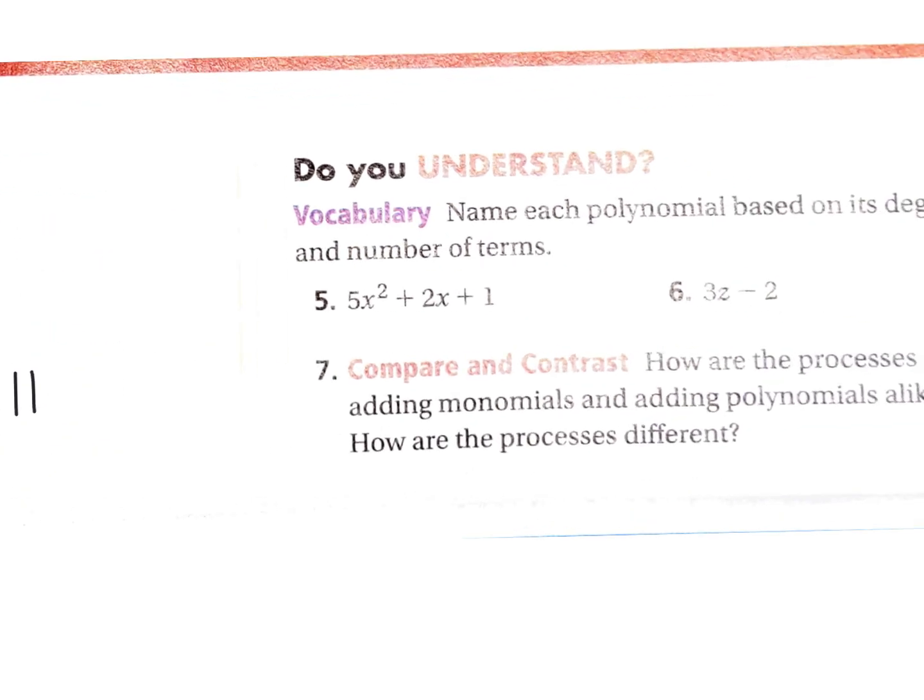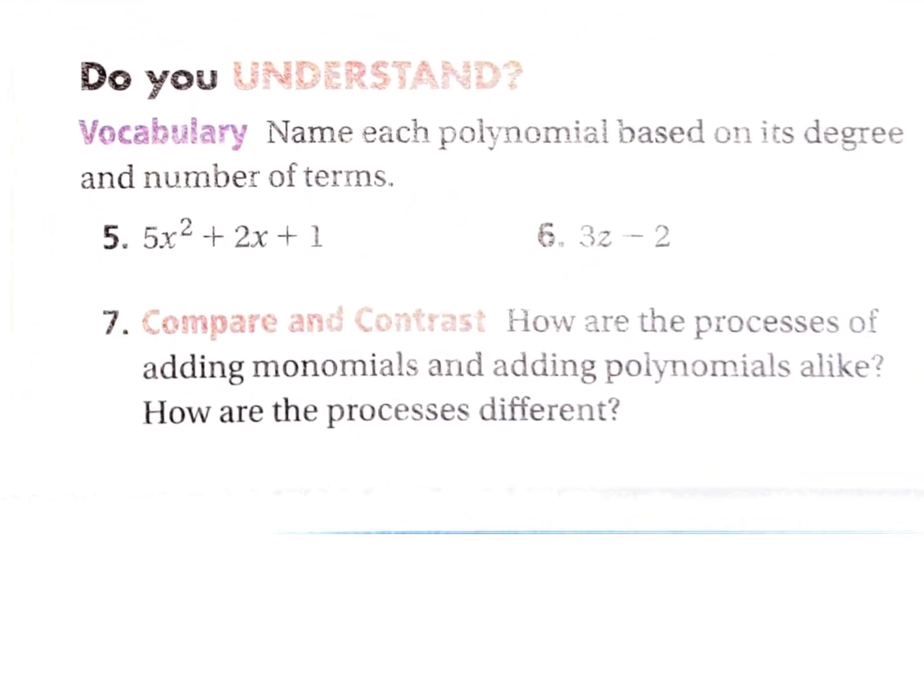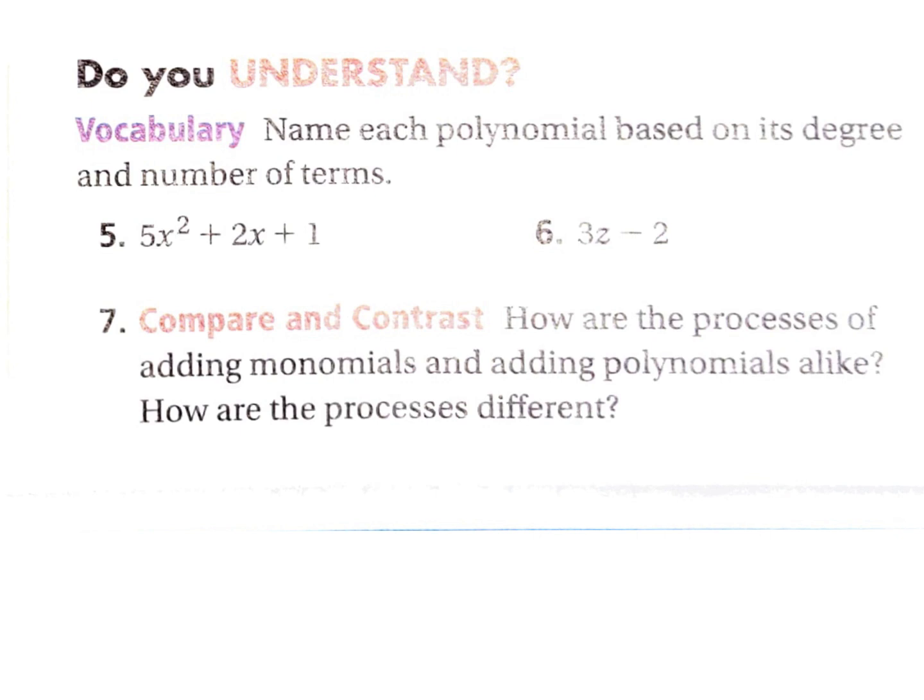And then if we look over here, they want us to name these polynomials based on their degree and number of terms. Make sure it's in standard form first, and make sure there's no like terms that you could combine. And so it looks like we're ready to go here. So this one, since the highest exponent is 2, that means it is quadratic.